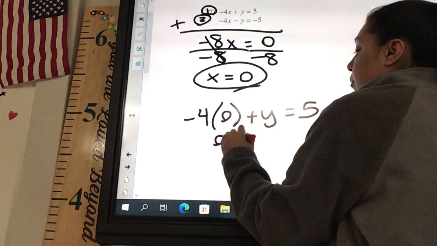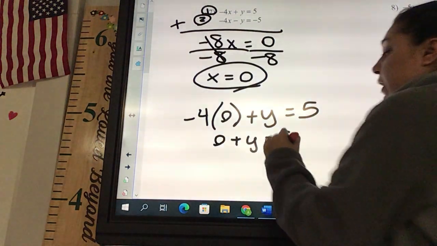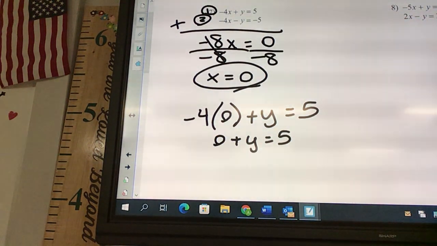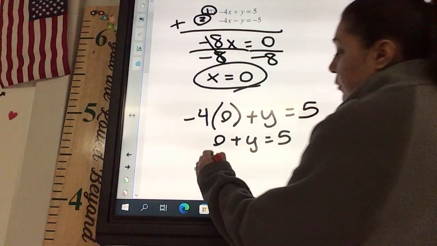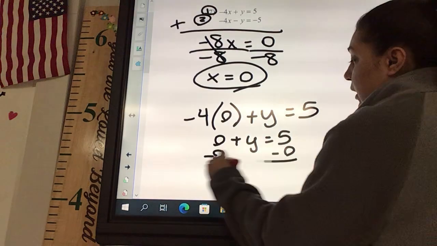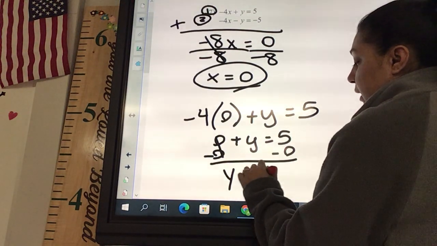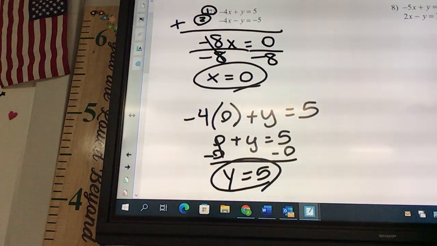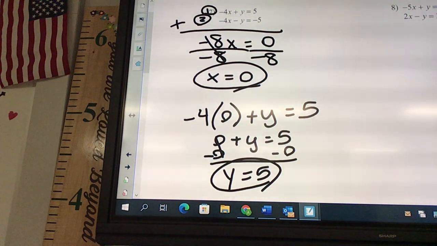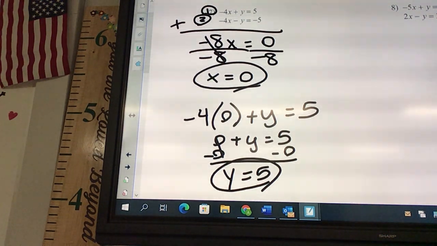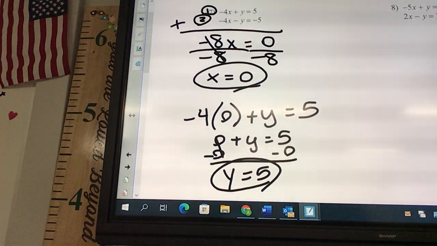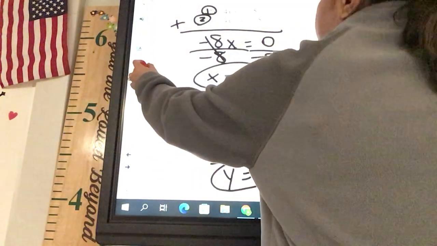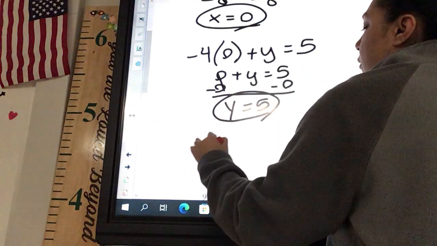So you're gonna get 0 plus y equals 5. Okay, and then you can subtract the 0. It's not gonna change anything. So we got y is gonna equal 5. So what's my coordinate gonna be? 0, 5.